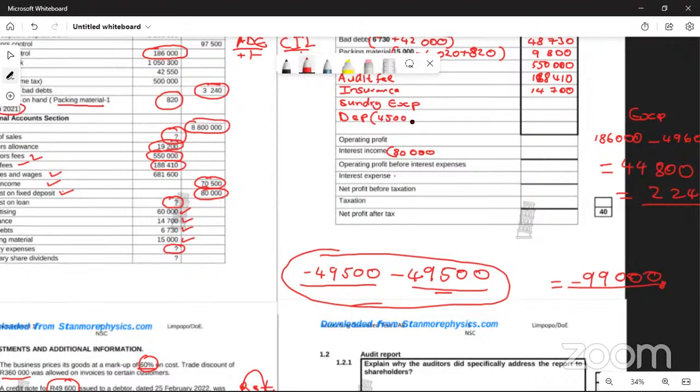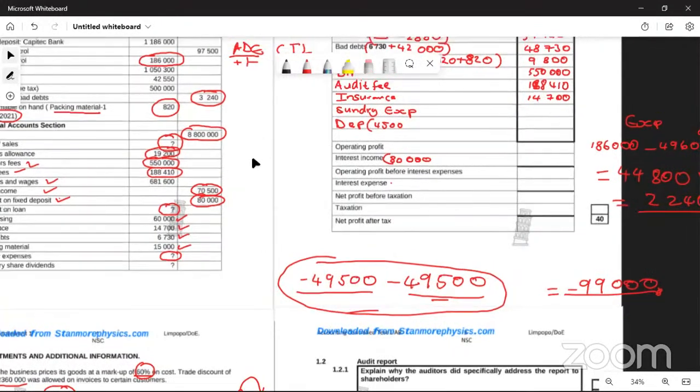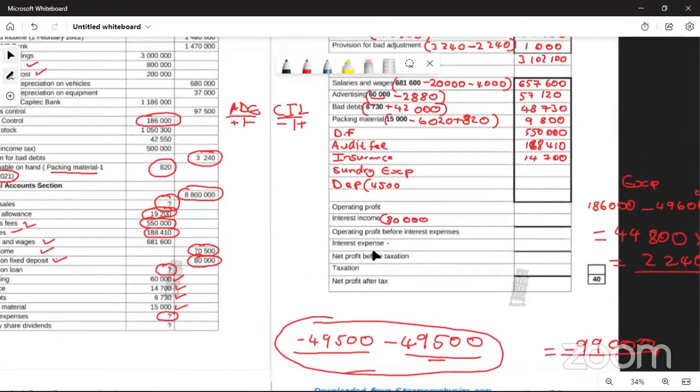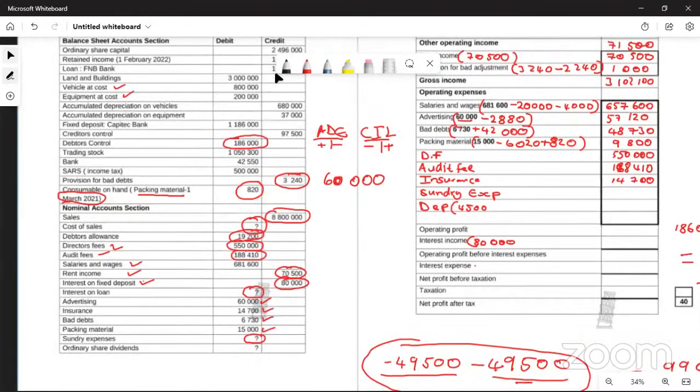Then now here with equipment again, we calculate again for the old equipment. Remember, the cost price of the new equipment is 60,000. But this 60,000 is included in the amount you see over here in the cost price of the equipment, which is 200,000. This is the cost price at the end.